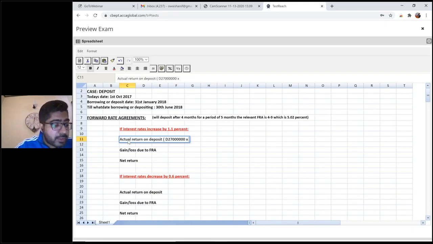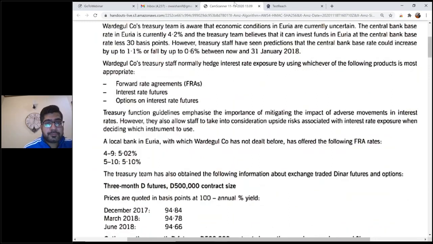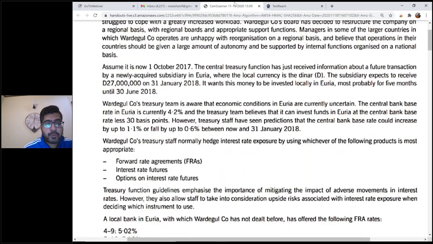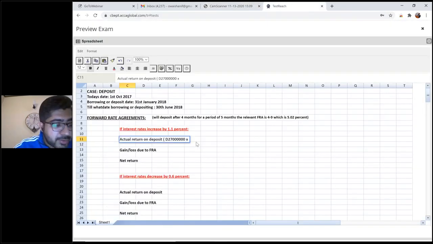Now the LIBOR rate or the central bank rate was 4.2%, but you are dealing with the case that it's increased by 1.1.